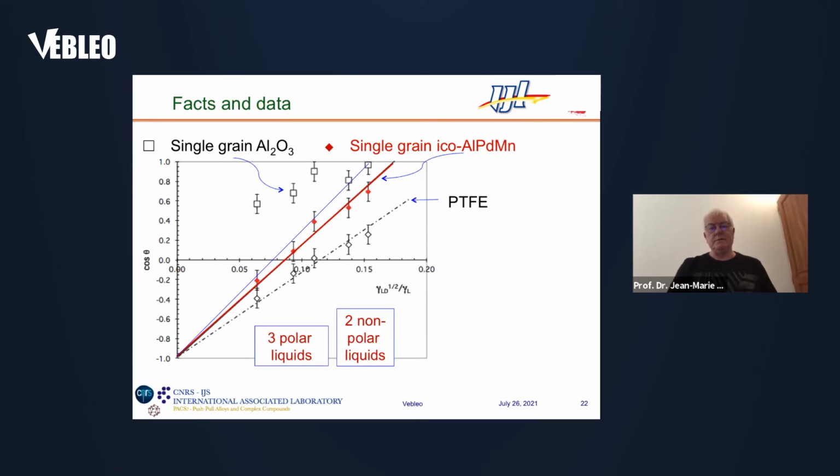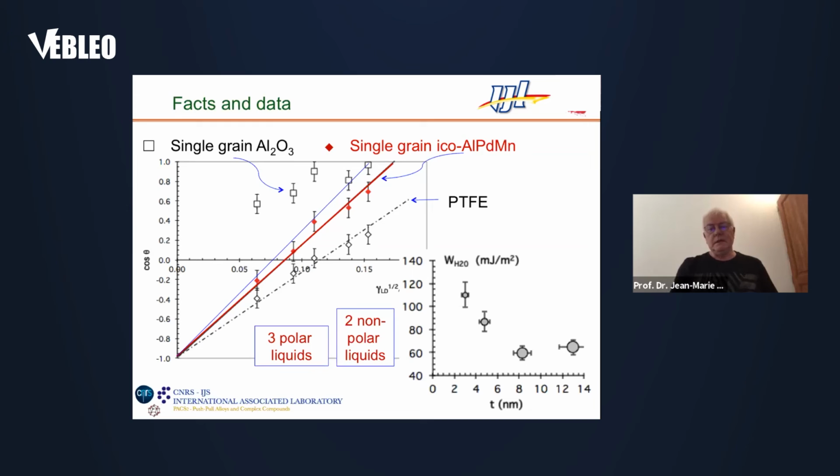And that was a big surprise. And furthermore, the reversible adhesion energy of water decreases with increasing thickness of the oxide layer until about 10 nanometers, and then you observe a reversal to the normal behavior.